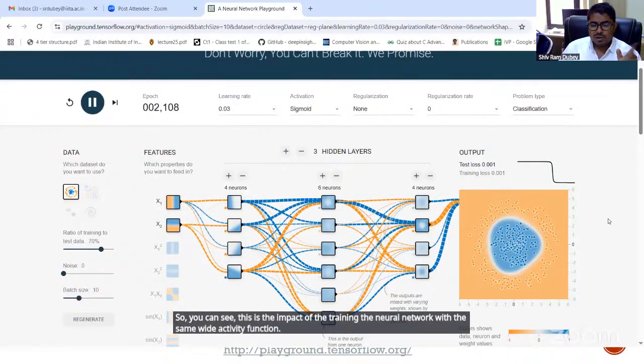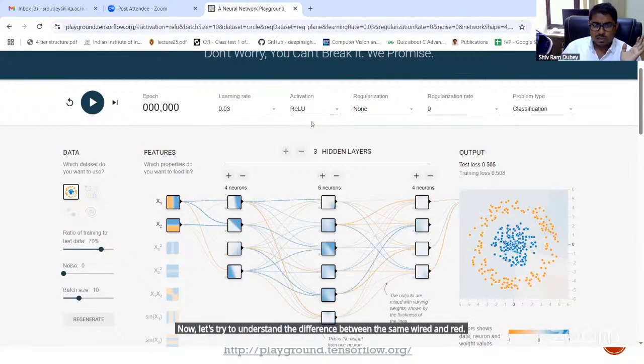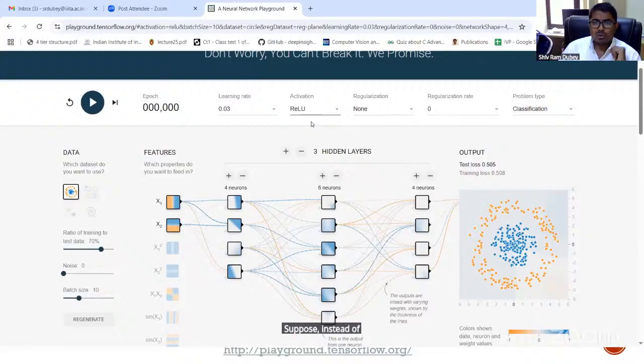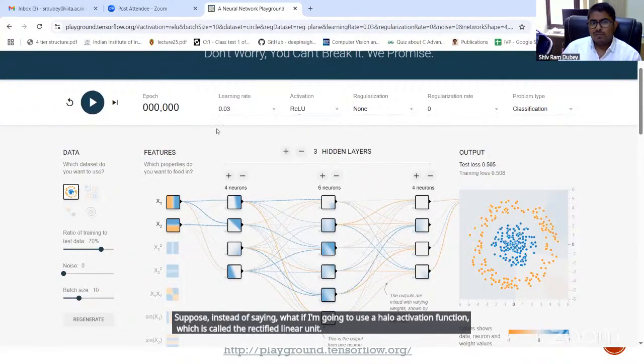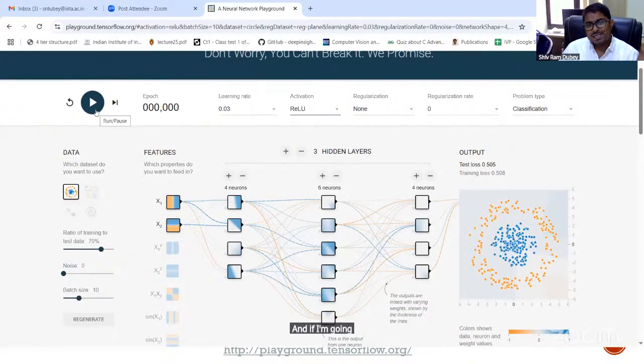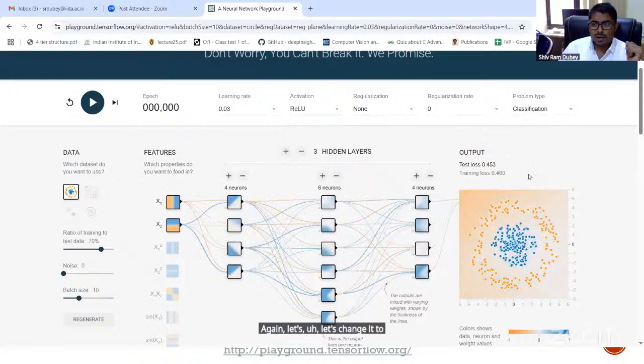Now let's try to understand the difference between sigmoid and ReLU. Suppose instead of sigmoid, I use the ReLU activation function, the rectified linear unit, with exactly the same setup, and train it again. Very quickly, let's change it to ReLU again.